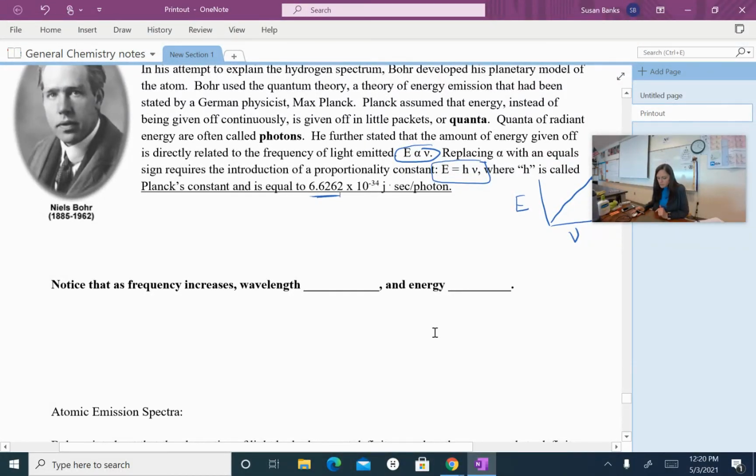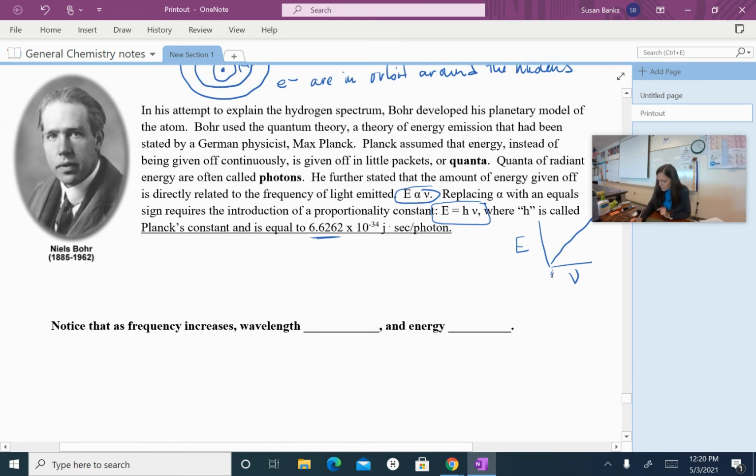Okay? So notice in this graph that I did over here, let's do a couple of these graphs. So if I have frequency increasing, wavelength, because we have speed of light times wavelength, we have an inverse relationship.